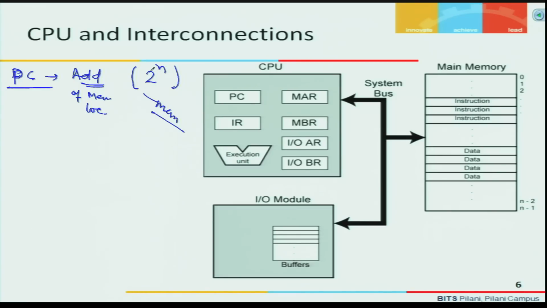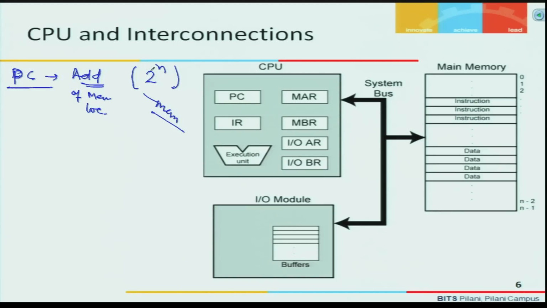The size of the PC should be n, or it is equal to the number of bits required to address the memory location, because I have to specify any of the memory locations, as my instruction can be stored at any location in the memory of address space 2 raised to the power n.